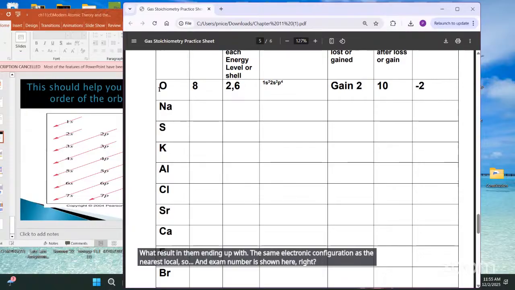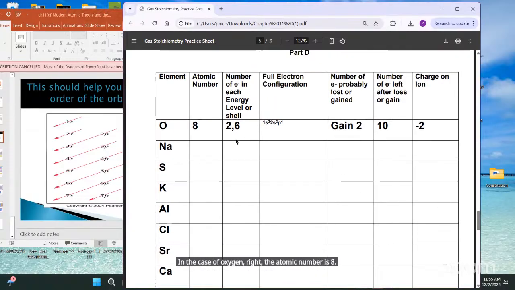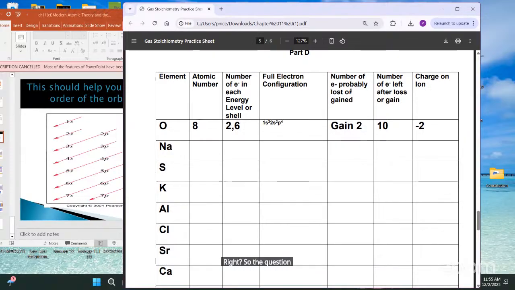In the case of oxygen, the atomic number is 8. In terms of the number of electrons present within each shell, you have 2 in the first shell, 6 in the second shell, and then this is the full electron configuration, right? So this part of the column is asking the number of electrons that are lost or gained.